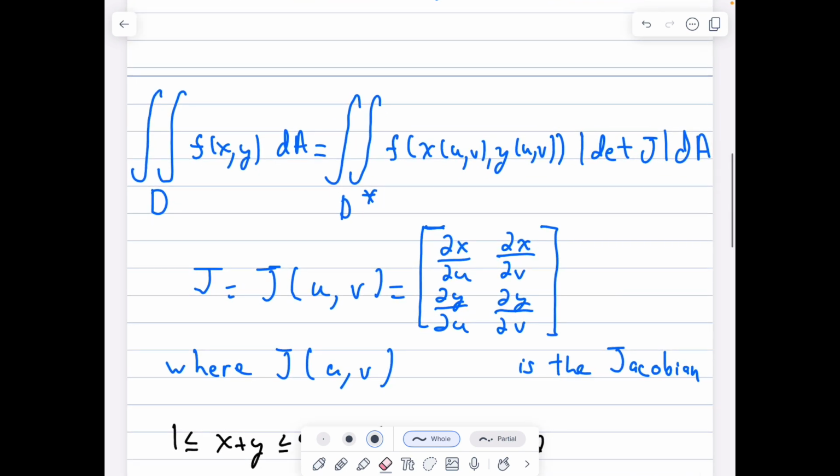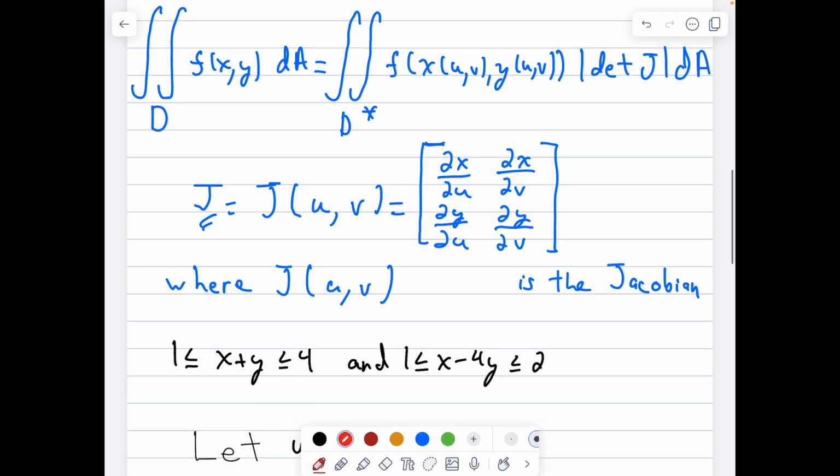The double integral of f of x, y dA over the region D is equal to the double integral of f of x of u, v, y of u, v, times the absolute value of the determinant of J dA, where J is what we call the Jacobian.